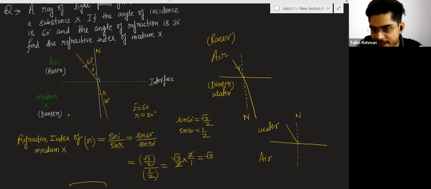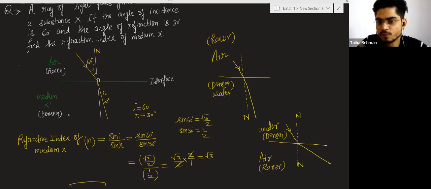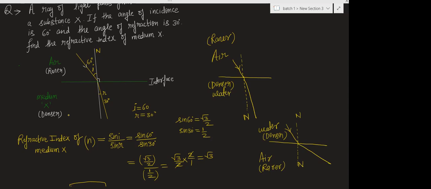This medium is denser with respect to air, and this medium is rarer. You can check your notes. When the light ray is coming from a denser medium and going to a rarer medium, it will move away from the normal; from rarer to denser, it moves towards the normal. You should remember these things, okay?